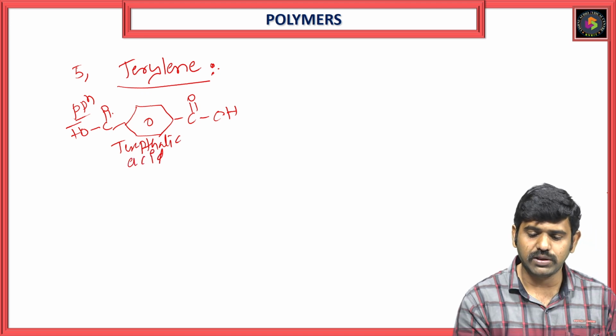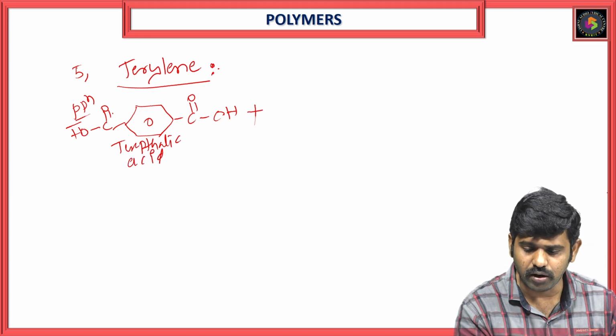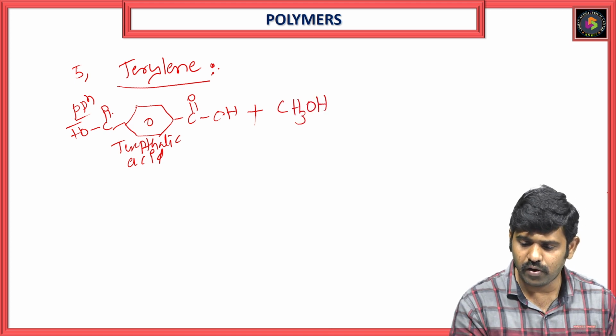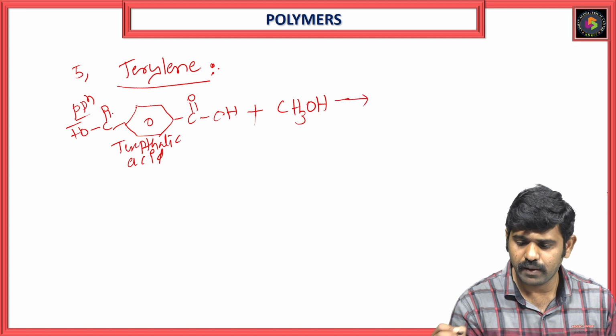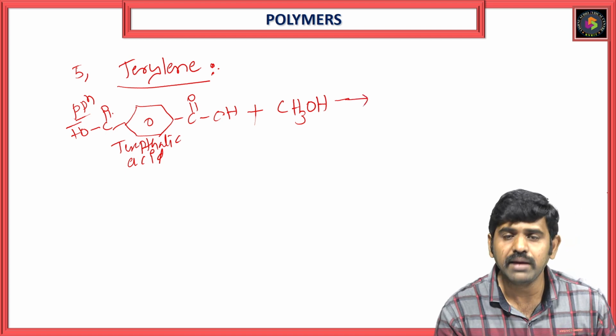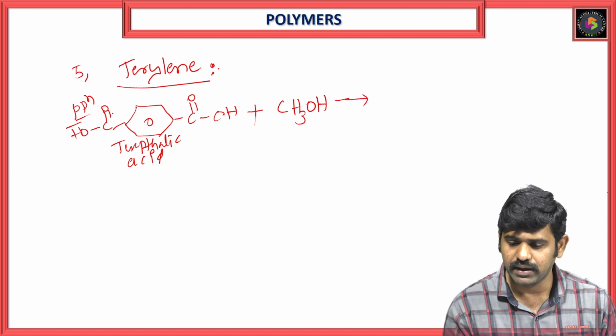It reacts with methanol. First, terephthalic acid reacts with methanol to form dimethyl terephthalate ester, right?